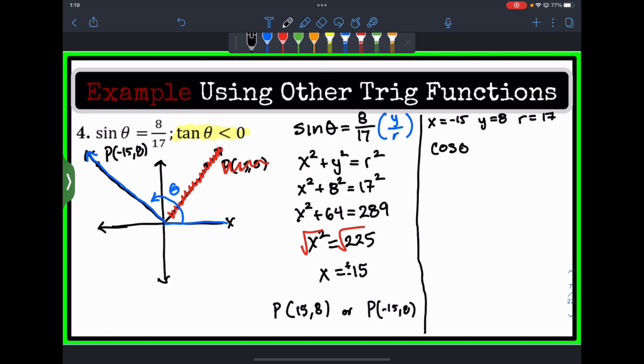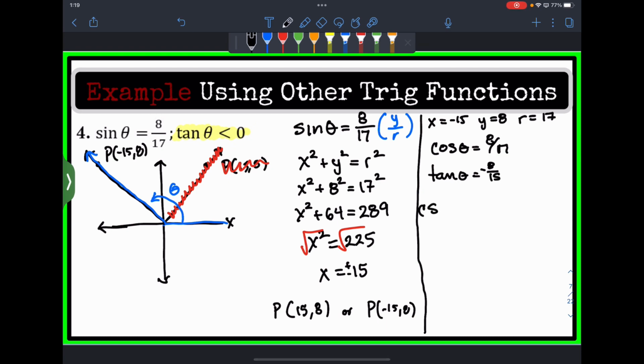Cosine of theta will be 8 over 17. The tangent of theta is 8 over negative 15, so negative 8 over 15.